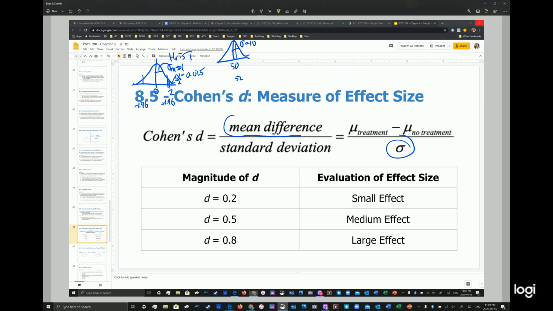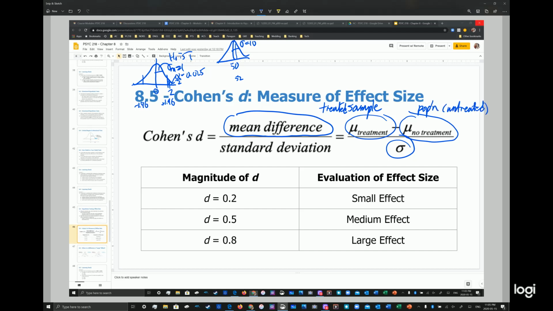We are measuring the mean difference between the population mean of the treatment group that the sample is supposed to be coming from, and the mean of the no treatment population that we're working with. Here the sample would be the treated sample, and here is the population that is untreated.